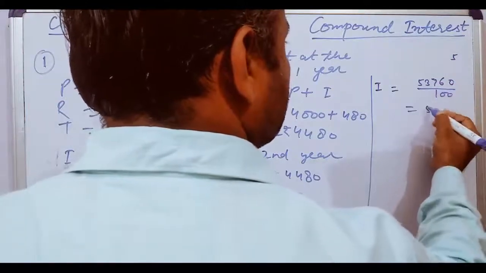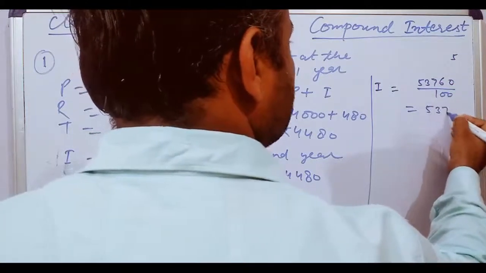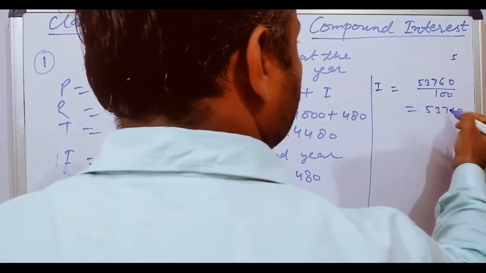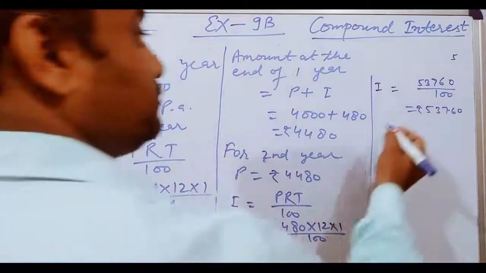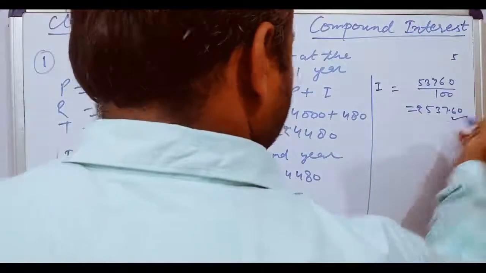Now it is 537601 2. After 2 digits from the left side you put the decimal. Then this is the interest at the end of the second year.